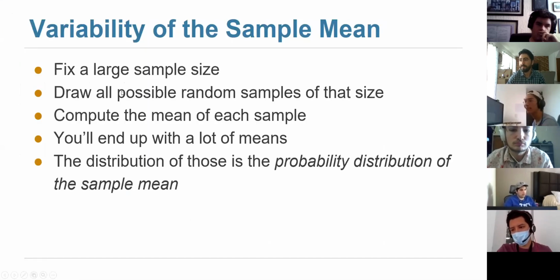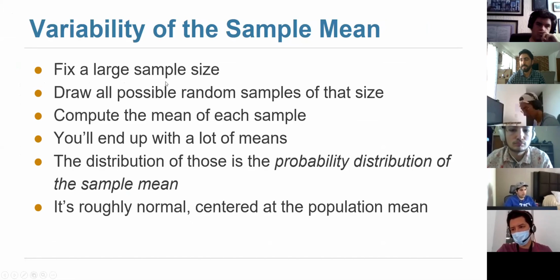We said if we fix a large sample size, draw all possible random samples of that size, and compute the mean, then you end up with a lot of means that form the probability distribution of the sample mean. And we knew that it's going to look roughly like a normal distribution. Those are the things we saw in the last two classes with a lot of examples.